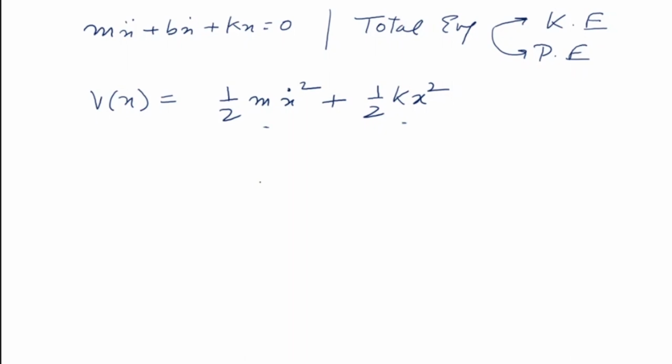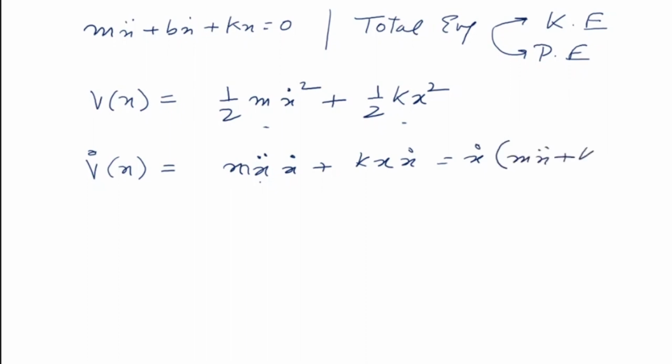Now if I take the derivative of this, then what we get is equal to m x dot x double dot plus k x into x dot, which if I take x dot common, this becomes m x double dot plus k x, times x dot. Now from equation number 1, let's call this equation number 3.